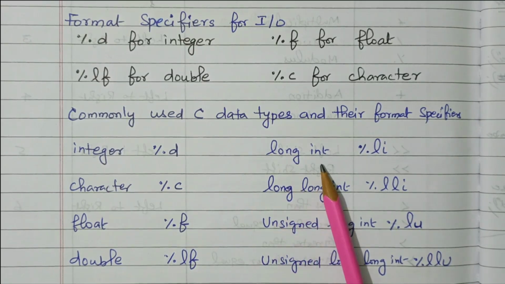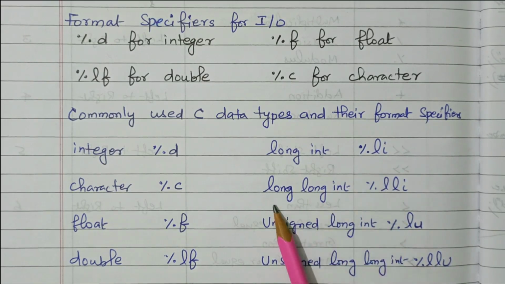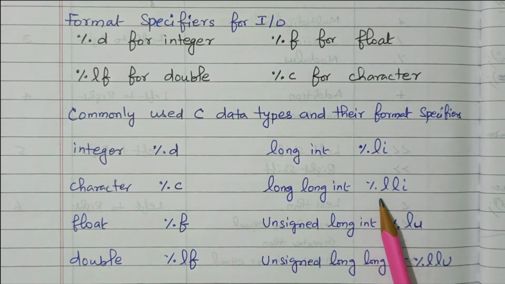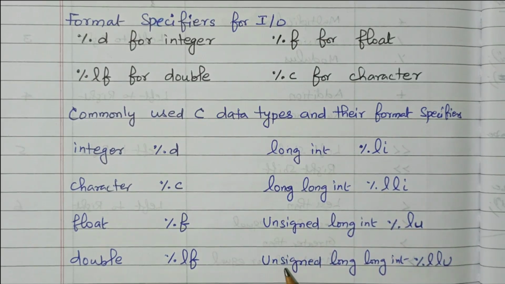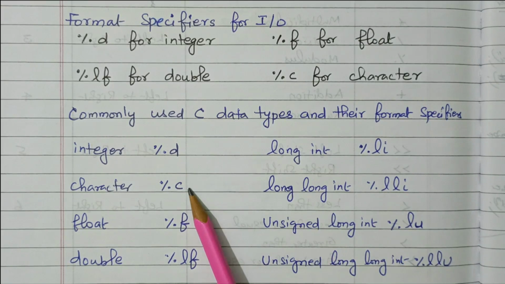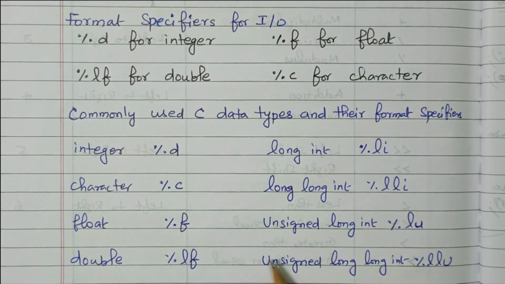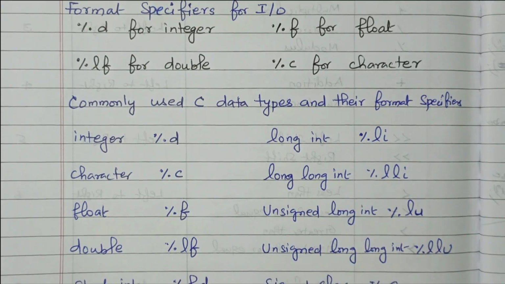Similarly, long integer %li, long long integer %lli, unsigned long integer %lu, unsigned long long integer %llu. So this l refers to long, u refers to unsigned. d refers to integer, c refers to character, f refers to float, l refers to long. So ll means long long. Some more subdivisions are available.